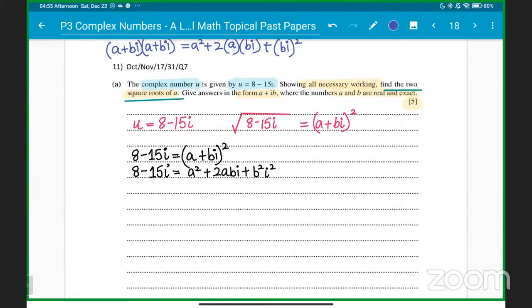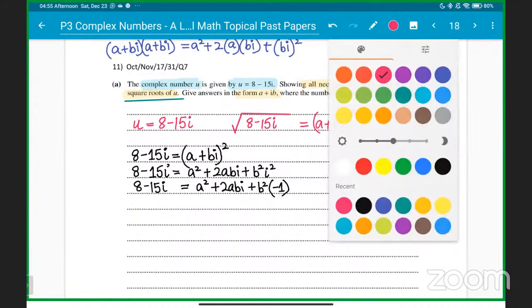Everyone got this clear, guys? Eventually it will become a square plus 2abi, and b square i square, because we already know that i square is changed to minus 1. Is everyone with me following?